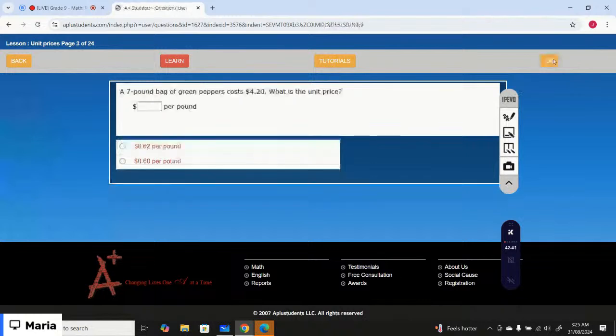A 7-pound bag of green peppers costs $4.20. What is the unit price? Which is the correct option?